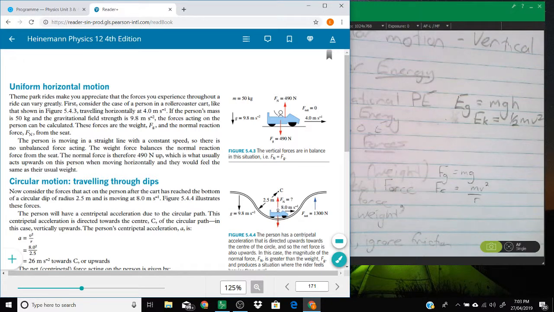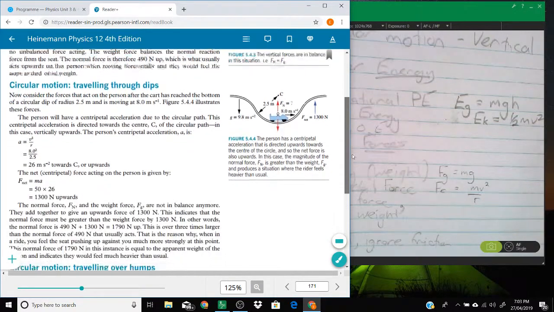You've got the weight force, and this also wants to keep traveling in a straight line. So the normal force also contributes to the centripetal acceleration. The normal force is pushing this up to turn, as well as countering the weight force. So it's actually doing both.